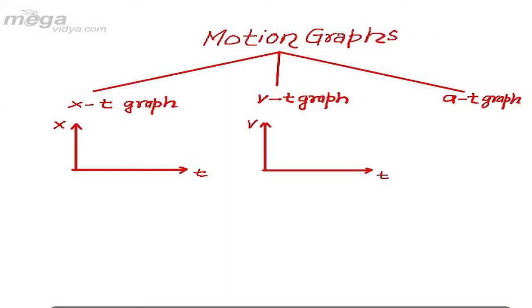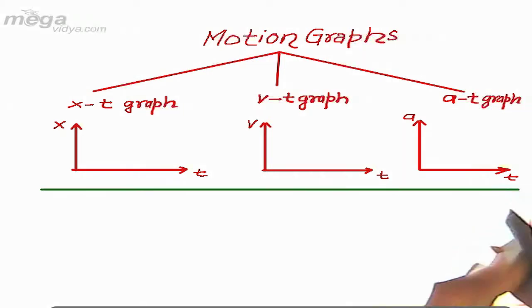In the VT graph we will take the y direction to be the velocity. Along the y-axis we will take the velocity of the particle, and on the acceleration time graph we will take acceleration along the y-axis. First of all, we are going to discuss the position time graph.